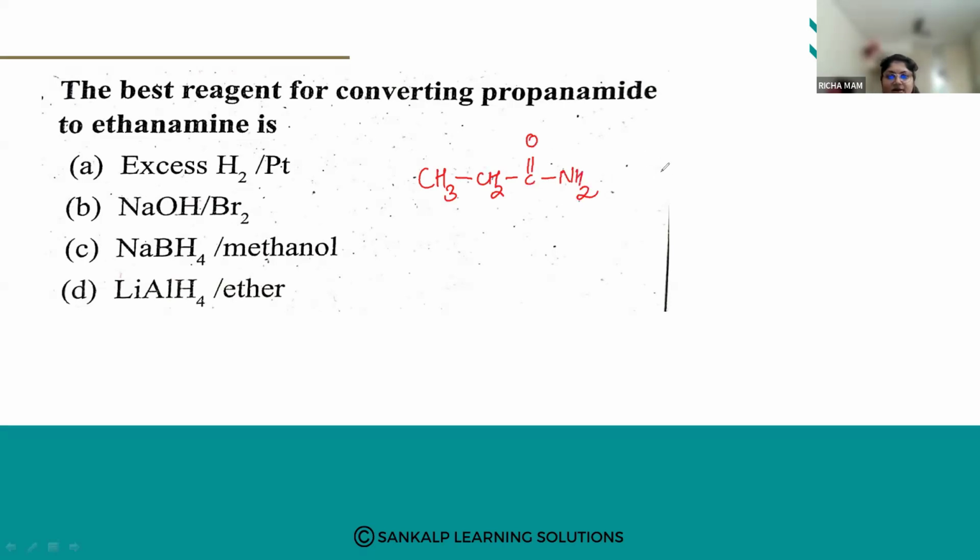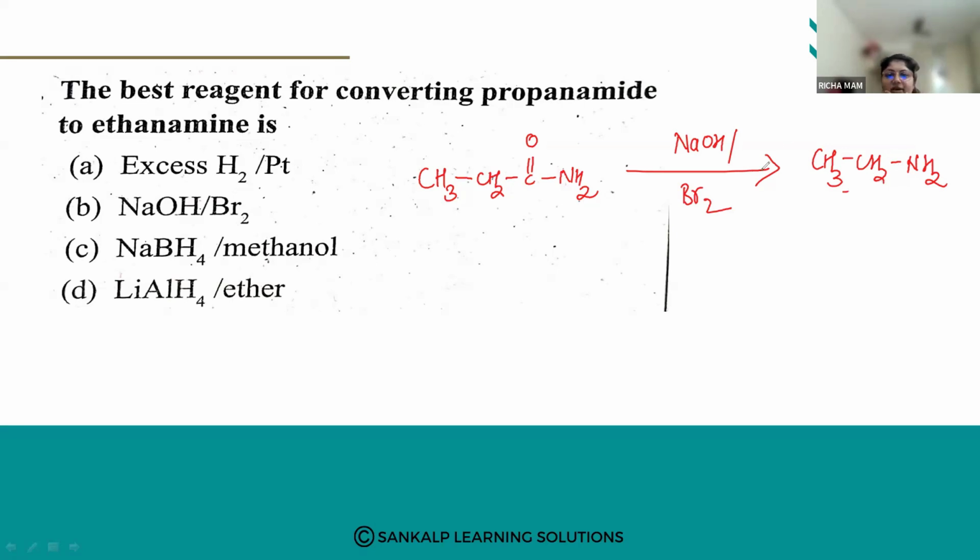This is propanamide, and we react it with NaOH and Br2. We are going to get NH2, so I'm going to get an ethanamine.